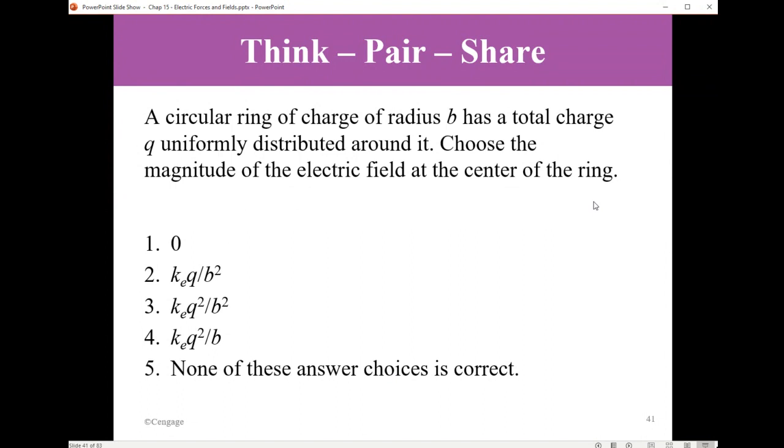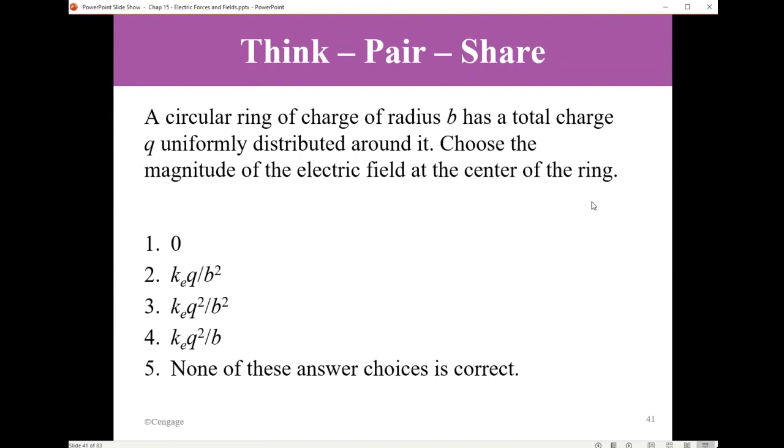You have an electric ring. If you split this ring into tiny slices, for each slice at one side, there is an opposite slice from the other side. Think of the fields due to such opposite slices. Then sum all slices together.